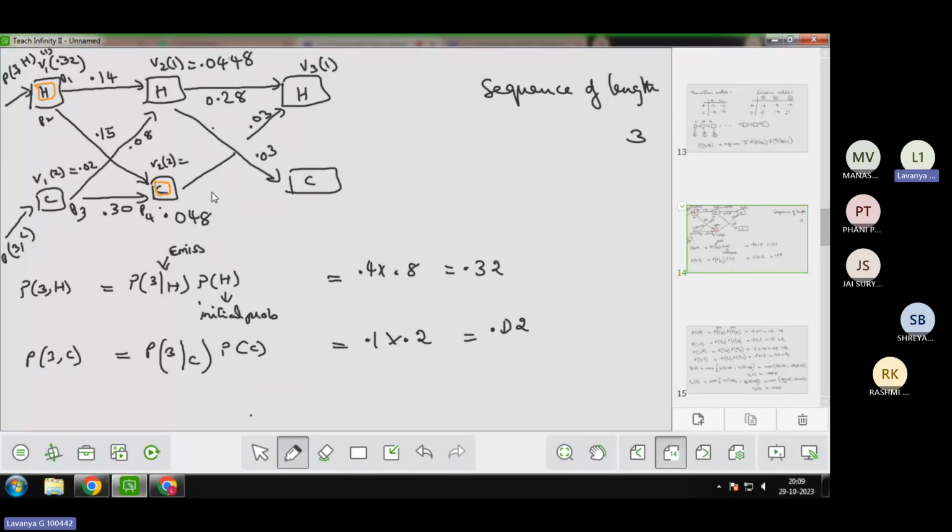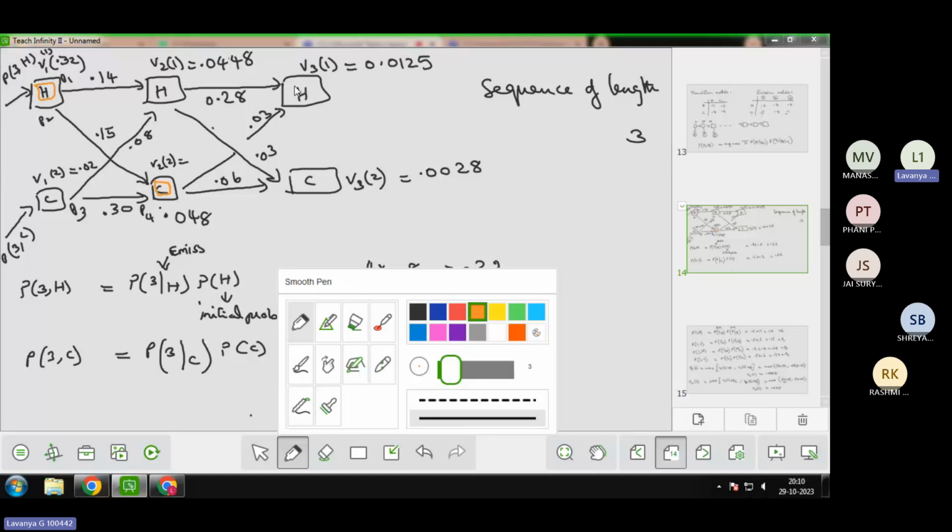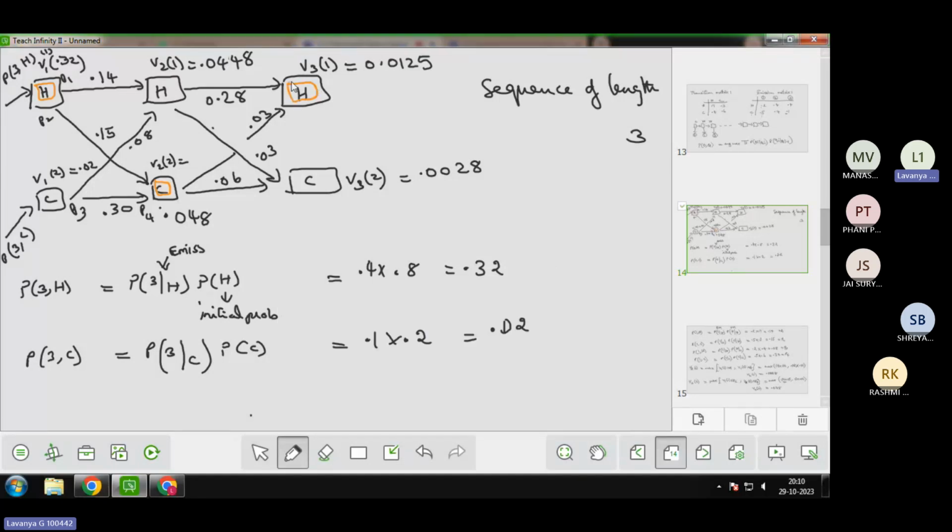And cold to cold is 0.06. Then my V3 of 1 will be 0.0125. Similarly, my V3 of 2 would be 0.0028. So now I have to choose the maximum. H will be the maximum in this case. So this would be the maximum.